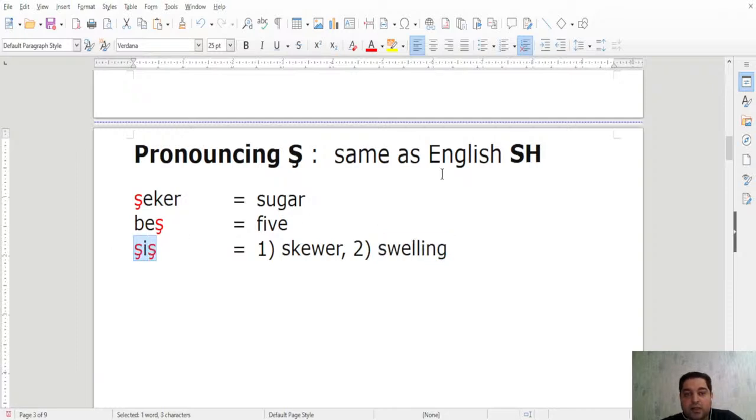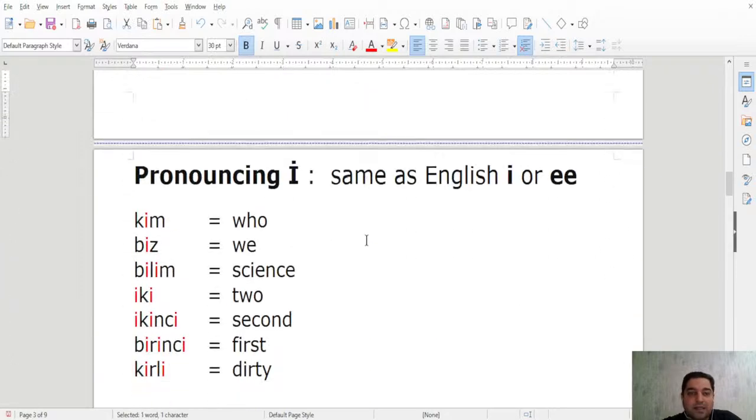Okay, so these three letters are already here in English, right? We have the letter C, which is J. We have CH combination, which is che. We have SH combination, which is she, right? And we also have letter İ, which is exactly the same in English as the I in specific words like big, right?